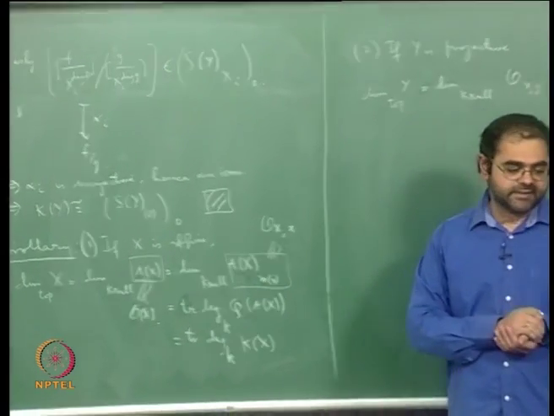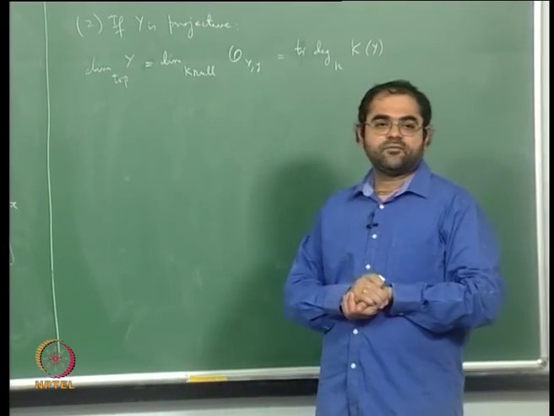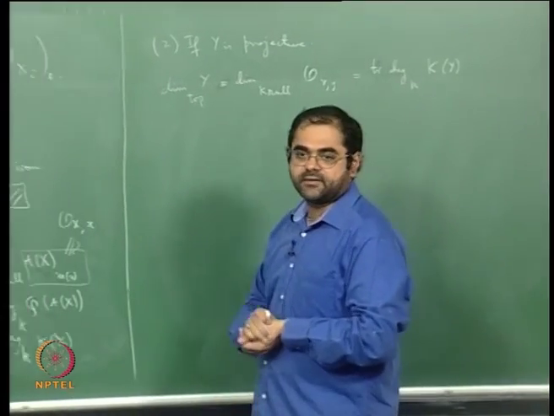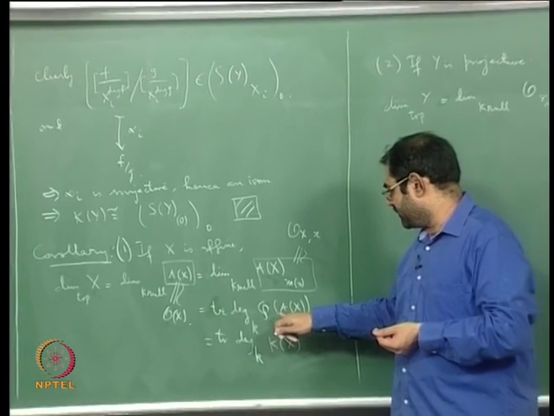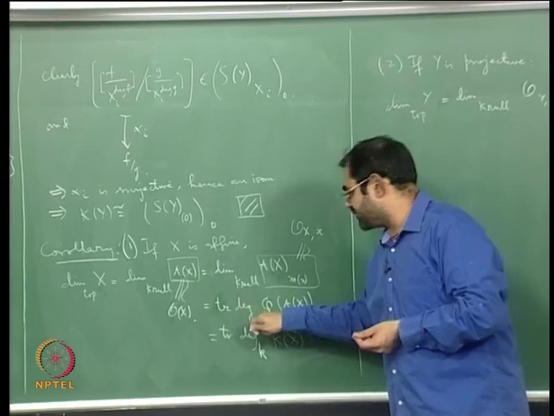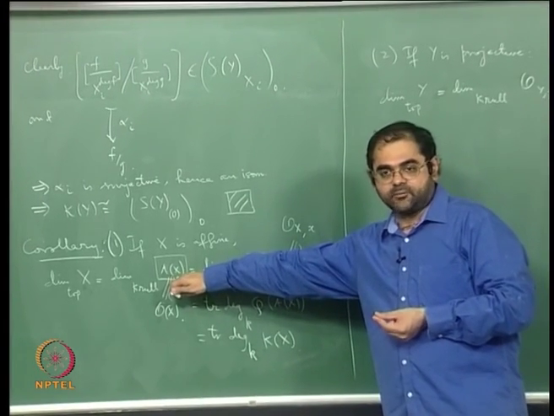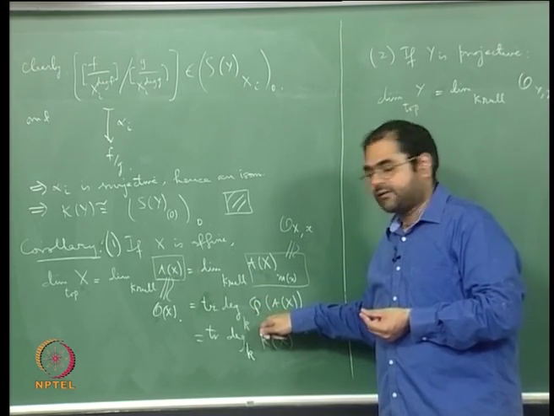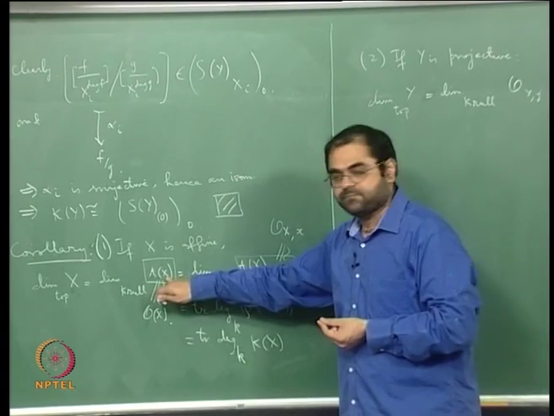If you have a finitely generated K-algebra which is an integral domain, then the transcendence degree of the quotient field of that integral domain is the same as the Krull dimension of that algebra, okay. So if you apply that to A_x, which is a finitely generated K-algebra and an integral domain, its transcendence degree over K has to be equal to the Krull dimension of A_x. So that gives this equality, alright.